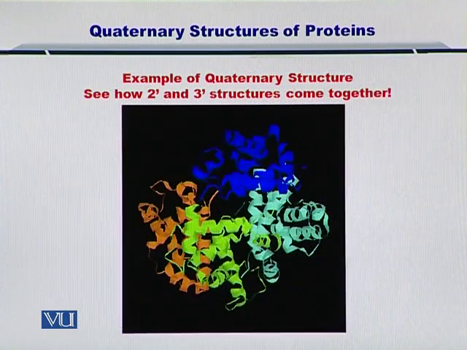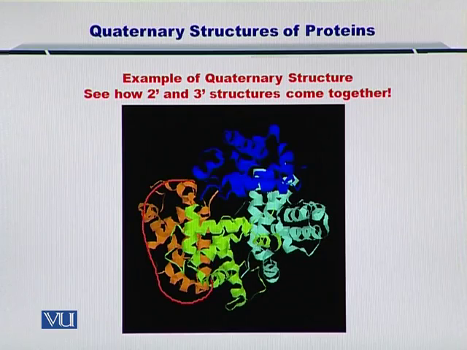To give you an example, here you have a quaternary structure, and you can identify, if you look closely, that the yellow portion describes several alpha helices coming together in the form of a tertiary structure, and then they are interacting with these green alpha helices in order to give rise to a quaternary structure.